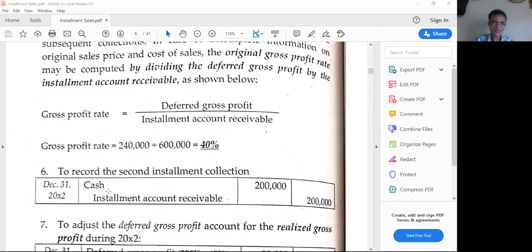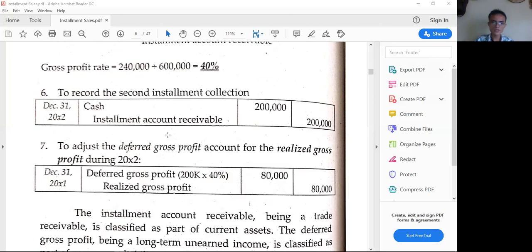Okay, the rate, I've also told you a while ago that the gross profit rate is 40%. This is another way of showing it. Initially, when we compute the gross profit rate, that's deferred gross profit over the installment sales. So 400,000 over 1 million is 40%. This is also another way just to check at the end that you are still at 40%.